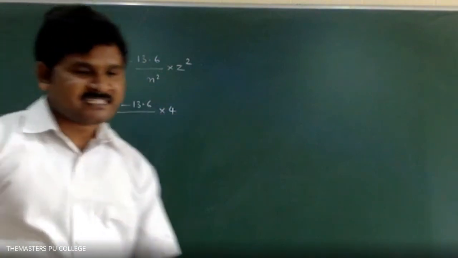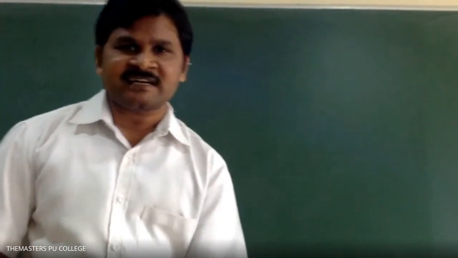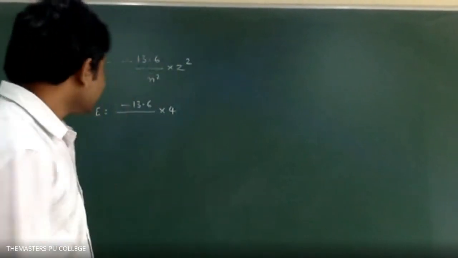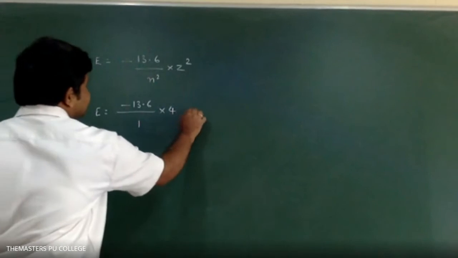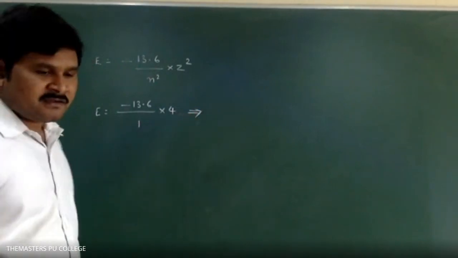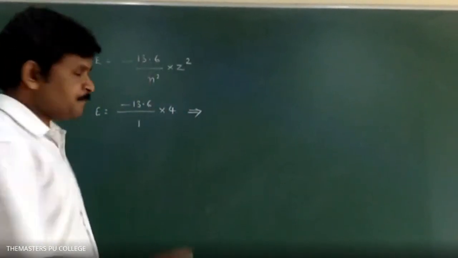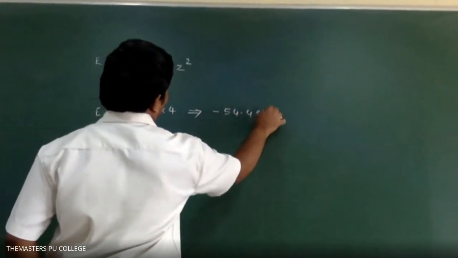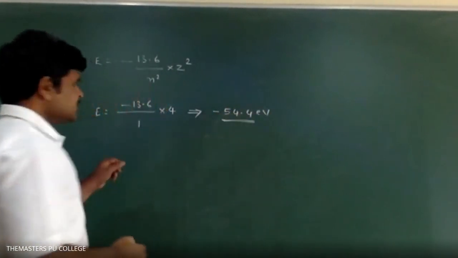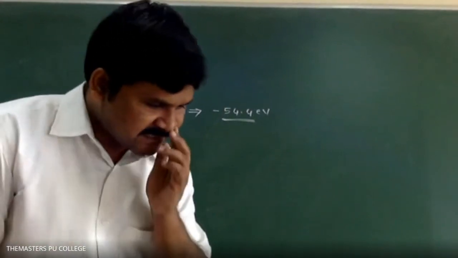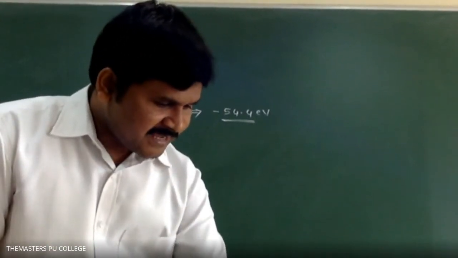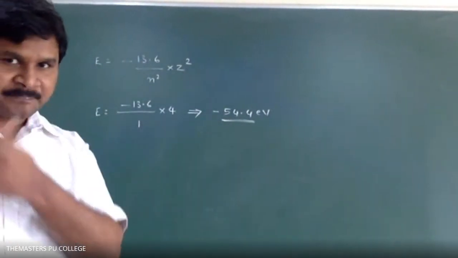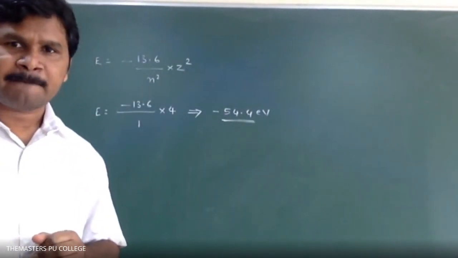For He+, He means atomic number 2, square under 4, by ground state means 1 square means 1. 13.6 into 4 means how much? 54.4, minus 54.4. So this is for He+. And for A, what is the correct match? Fourth one is the correct match. Are you clear?